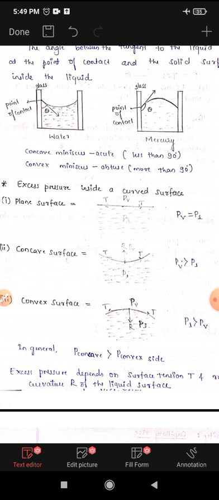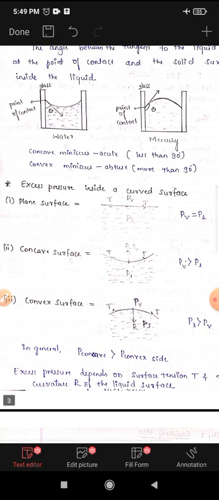So the pressure outside the liquid doesn't have any contribution from this surface tension, and also the pressure inside the liquid doesn't have anything corresponding to this surface tension.